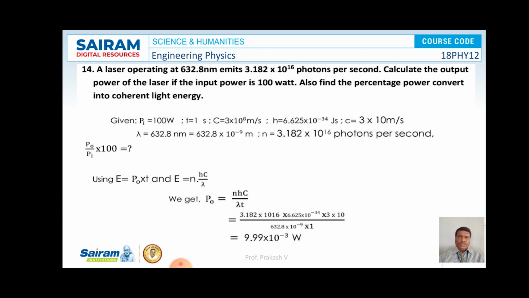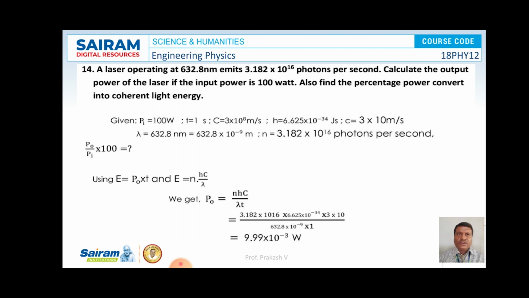So given P is equal to 100 watts, T is equal to 1 second, c is 3 into 10 to the power of 8 meter per second, h is 6.625 into 10 to the power minus 34 joule second, and velocity of light is given as 3 into 10 to the power 8 meter per second, and lambda is 632.8 nanometer, and the value of N is given as 3.182 into 10 to the power 16 photons per second.